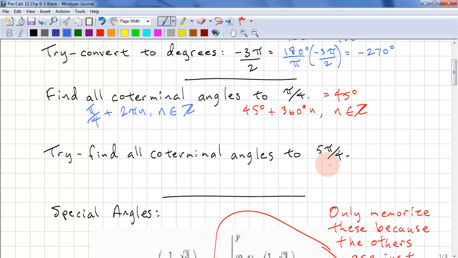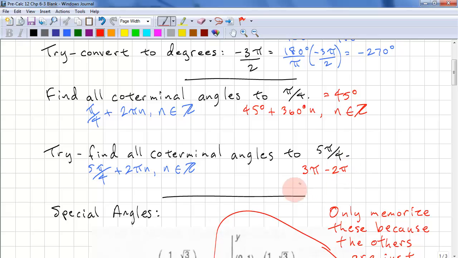Okay, find all coterminal angles with 5 pi over 4. 5 pi over 4 plus 2 pi n, n an element of Z. While I'm thinking about it, it would be good to do 3 pi. 3 pi is not a principal angle, so you would want to convert this to a principal angle.